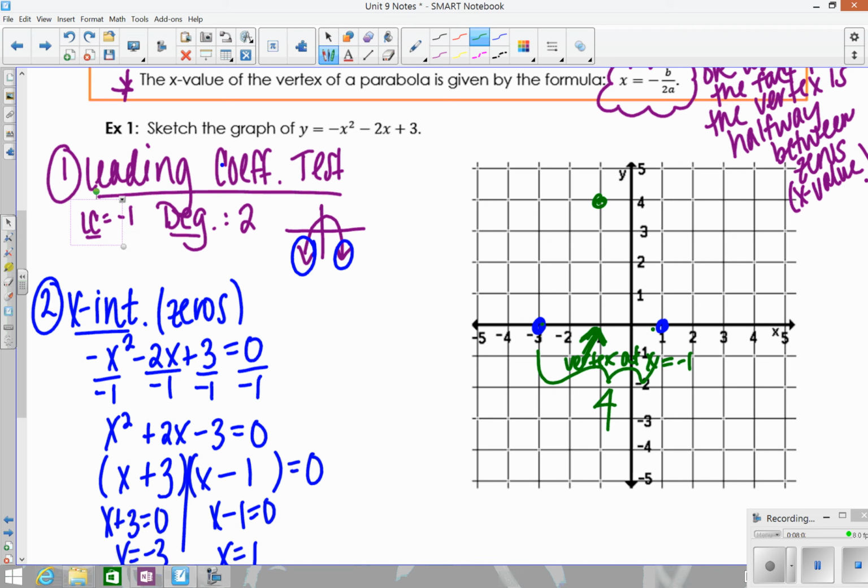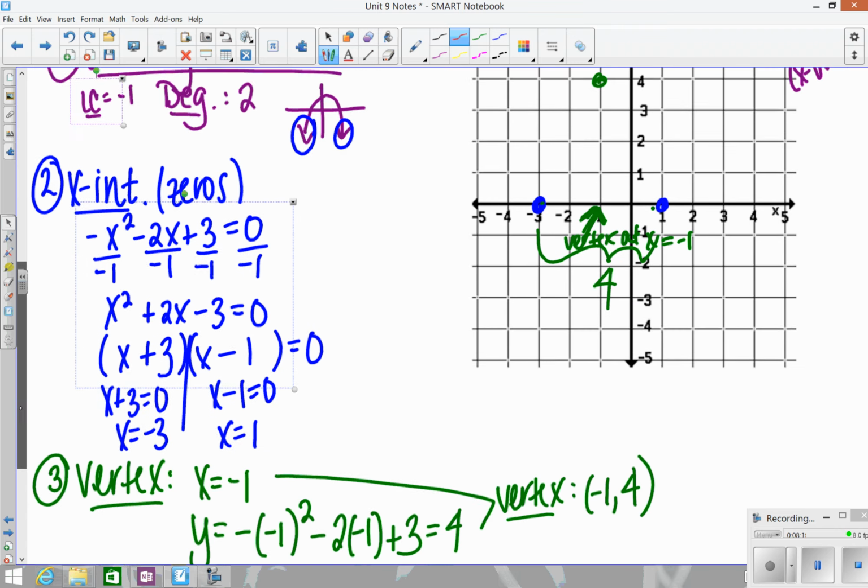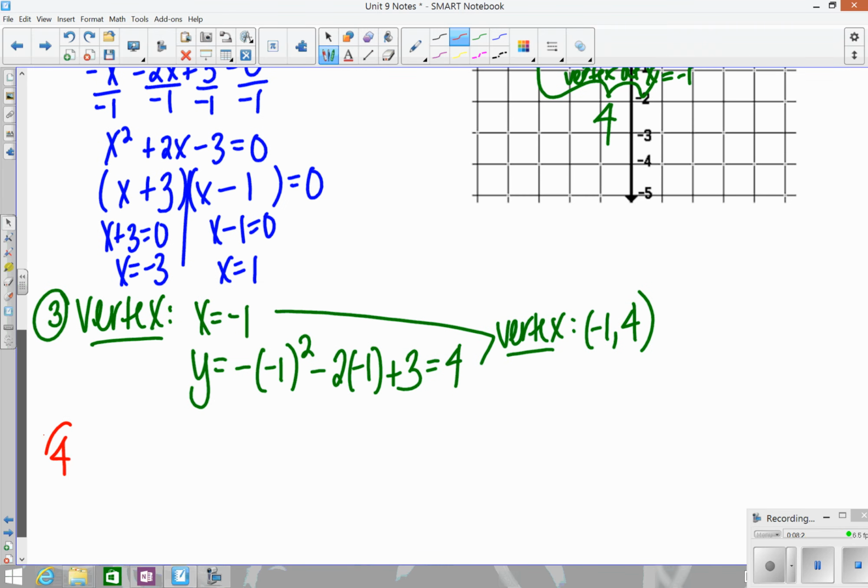And then the last thing that we need to do is figure out that y-intercept, because right now you could get a pretty good graph, because I know how high up to go. But to be even more accurate, you might as well plot the y-intercept. It's easy to plot because the y-intercept is just the constant at the end. So the y-intercept is just y equals 3.